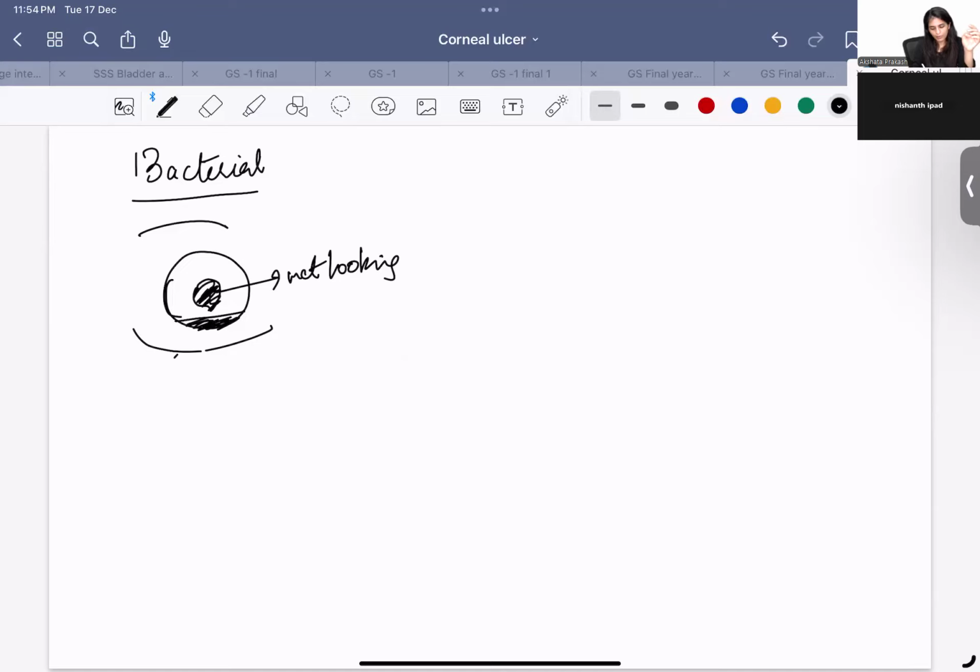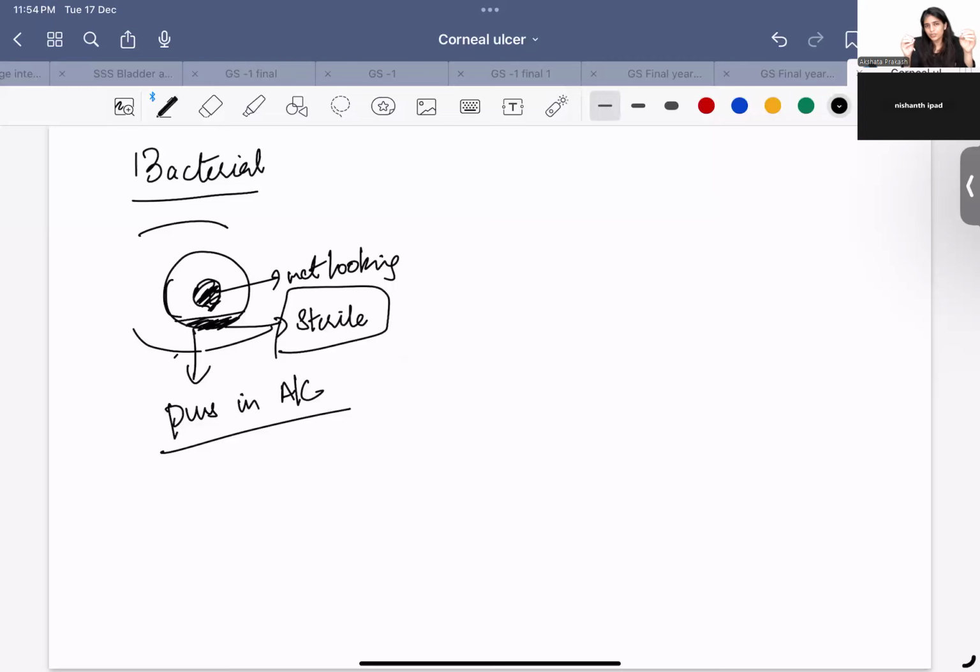This hypopyon here is sterile. This has been asked n number of times in your MCQs. What do we understand by sterile hypopyon? What is hypopyon? Hypopyon is nothing but pus in the anterior chamber. Pus in your anterior chamber is sterile.